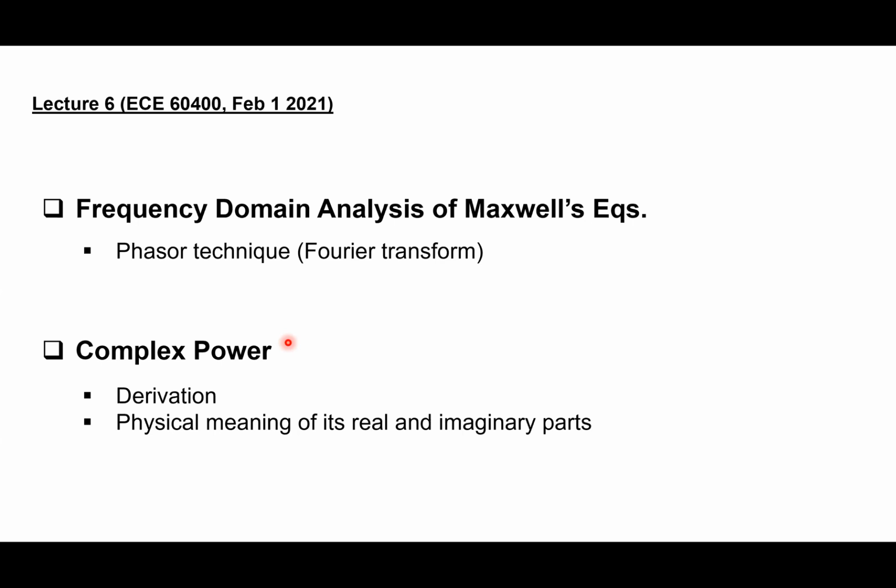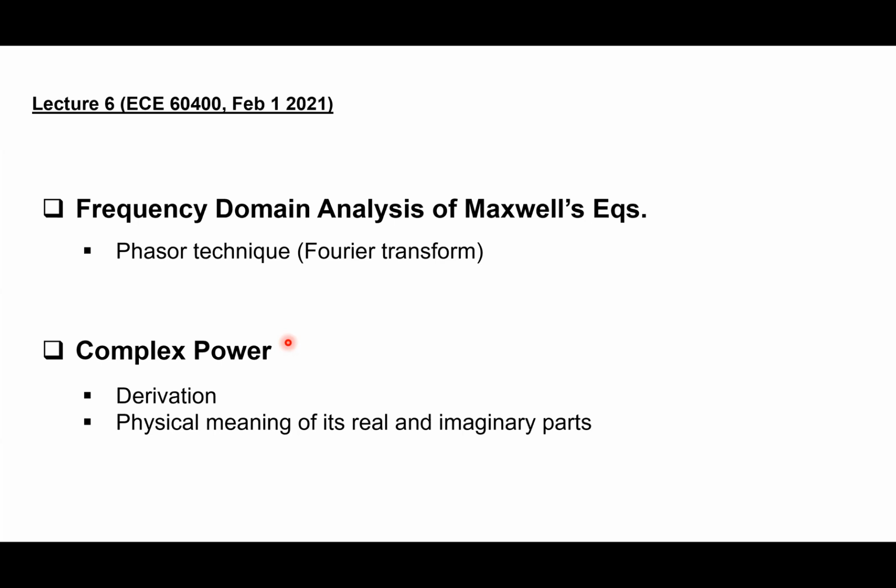So deeply understanding these frequency domain concepts is very important for the analysis of the scattering or transmission of waves through the medium, or field behaviors inside the waveguide and the Green's function, field produced by sources. All kinds of problems, we're going to use this frequency domain concept.